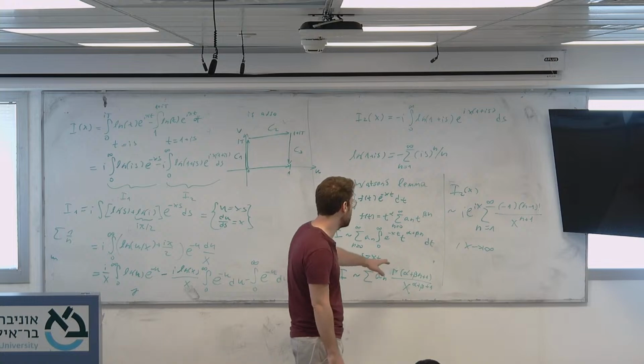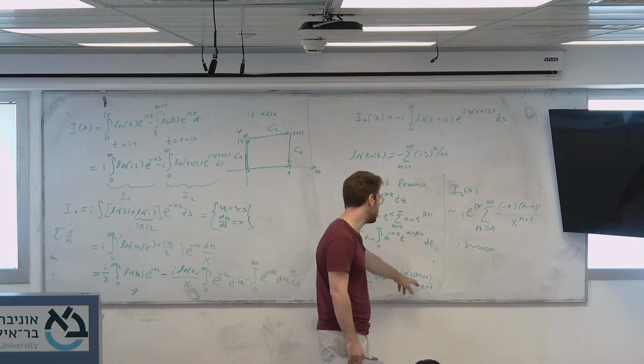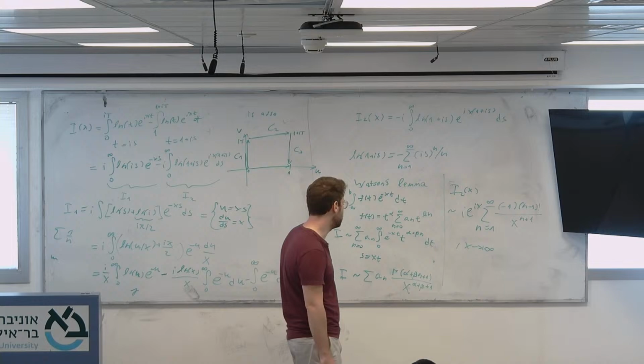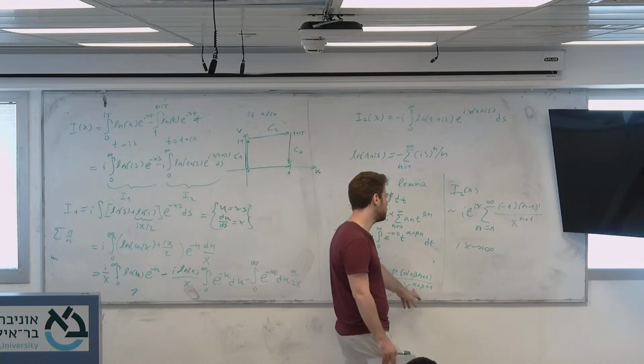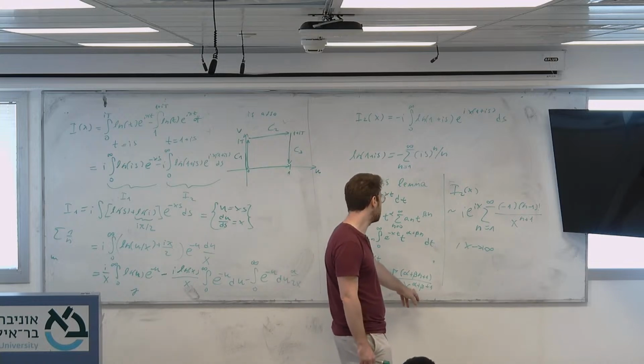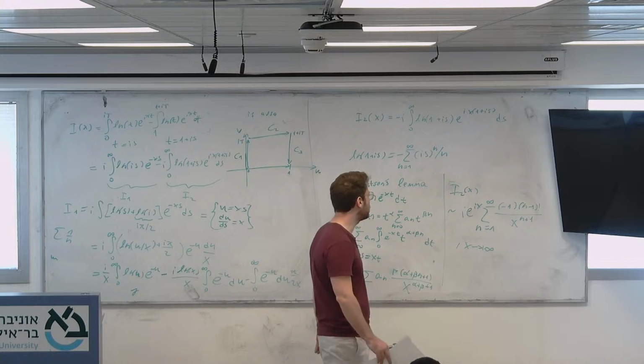So you just need to know what alpha and beta are, right? So what we have here is is. So what would alpha be here?